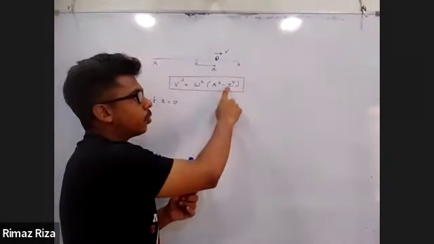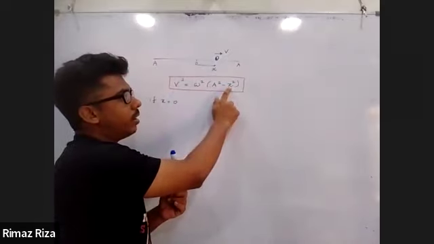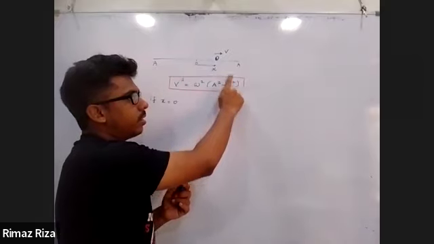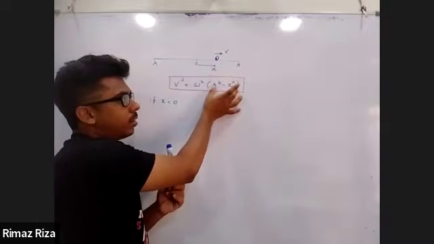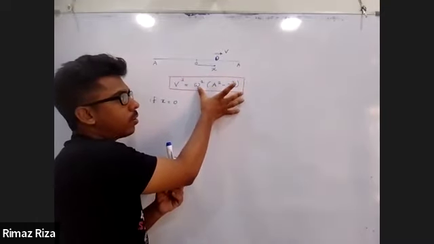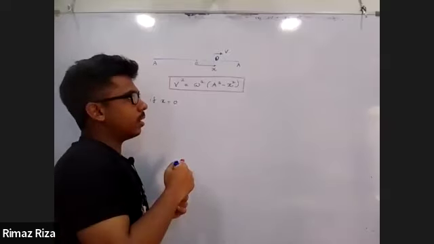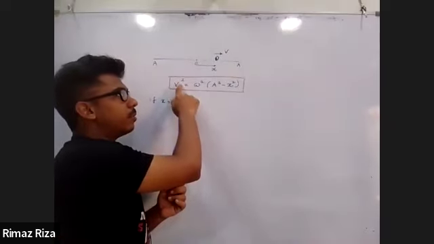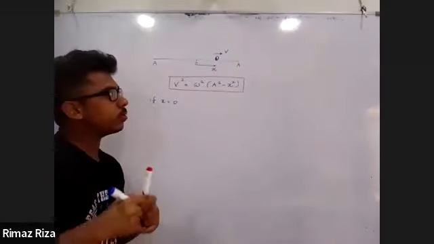Therefore, this velocity varies with x. If x increases, you are subtracting a larger value, so the overall value decreases, therefore velocity decreases. To have a maximum velocity, the displacement x has to be minimum.